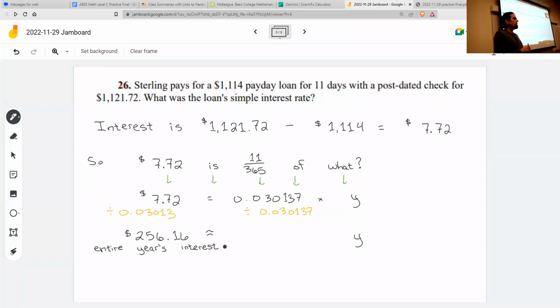So now we want the interest rate. So how much of the loan amount is that? Like part divided by whole to get a decimal. Is it okay that I'm writing my division like a fraction?